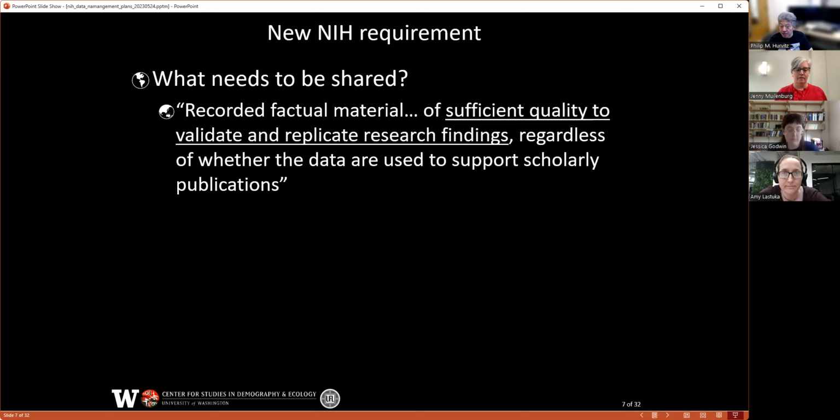Okay, what needs to be shared? Again, this is a quote: recorded factual material of sufficient quality to validate and replicate research findings. This is, I think, really the key part of that, because frequently I read papers and there's just simply no way I'd be able to replicate what they did based on what's written in the paper. And I'm not meaning to say that the authors are at fault.